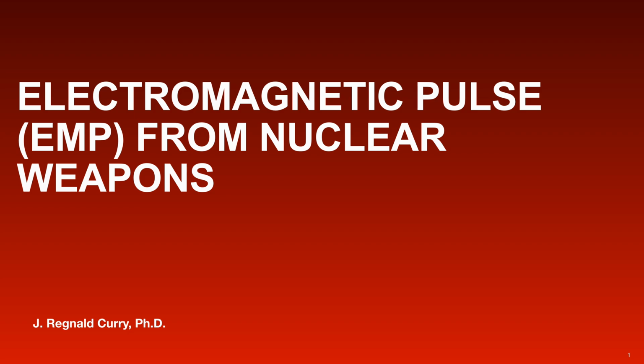EMP can cause temporary upset and even catastrophic failure of modern electronics and electrical systems over considerable geographic areas of the Earth. Fixed and mobile ground-based systems, aircraft, satellites, missiles, and naval systems could be affected and therefore must be hardened to these severe electromagnetic environments.